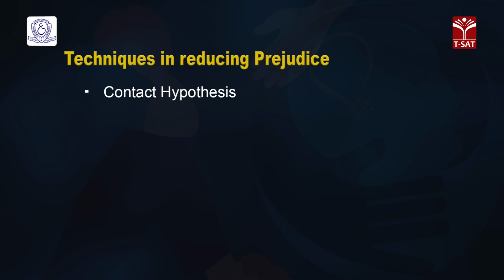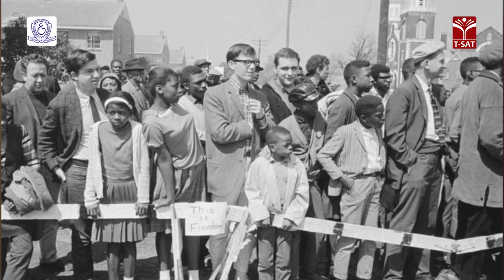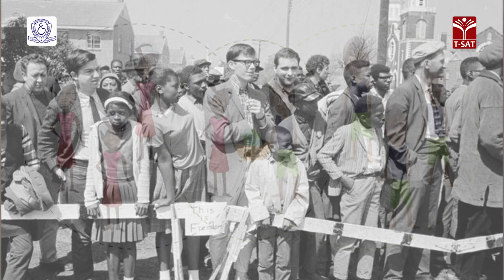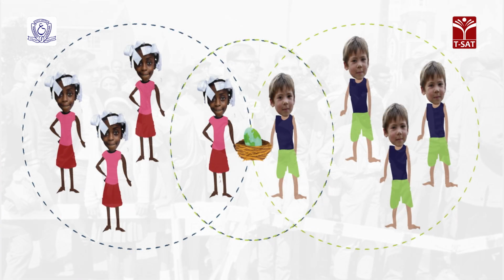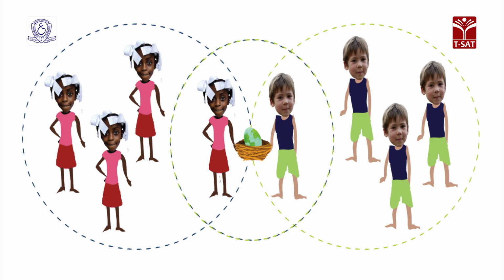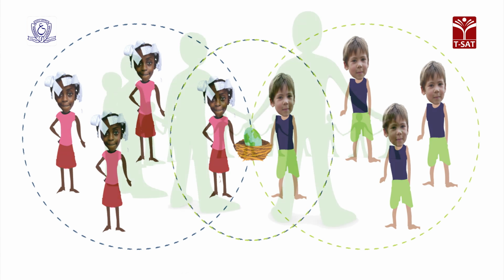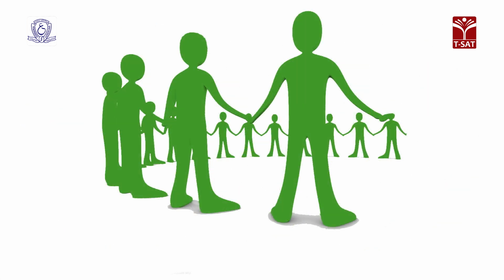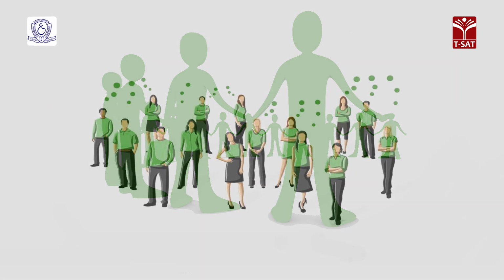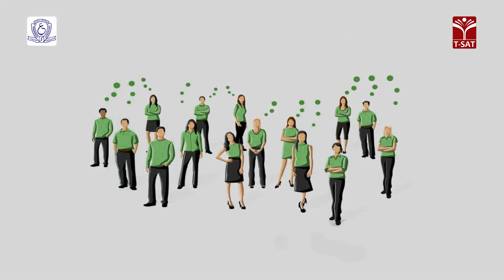The contact hypothesis was developed in the middle of the 20th century by researchers to understand how conflict and prejudice could be reduced. Studies conducted in the 1940s and 50s showed that contact with members of other groups was related to lower levels of prejudice.